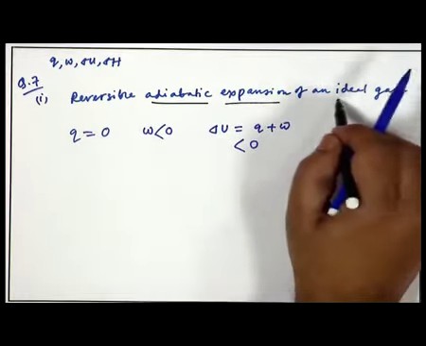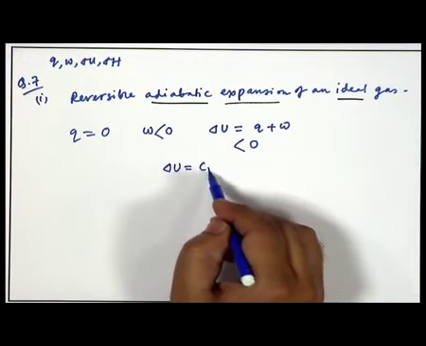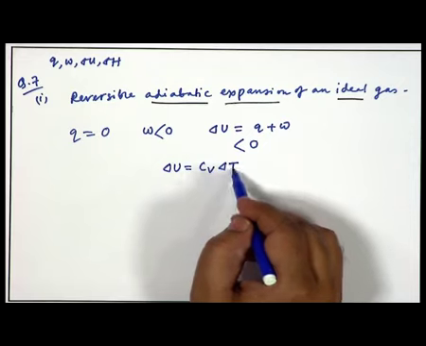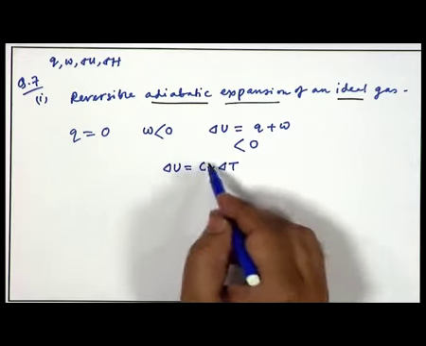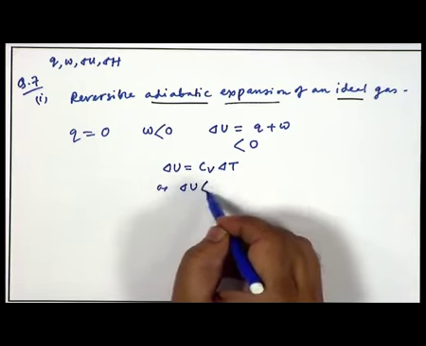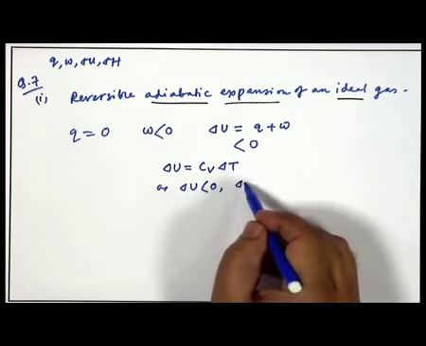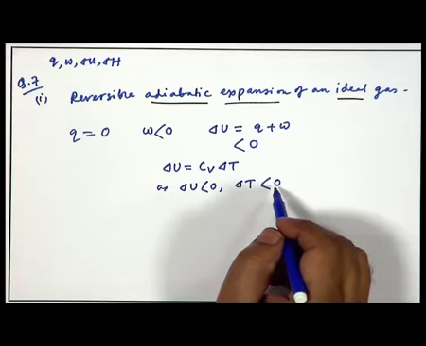Now, we know for ideal gas del U is C_V del T. If del U is negative, C_V cannot be negative, it is always a positive number. As del U is negative, del T must be negative.